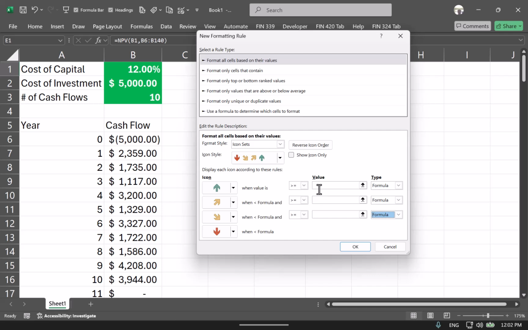Okay, the formula that I'm going to use is, let me see.